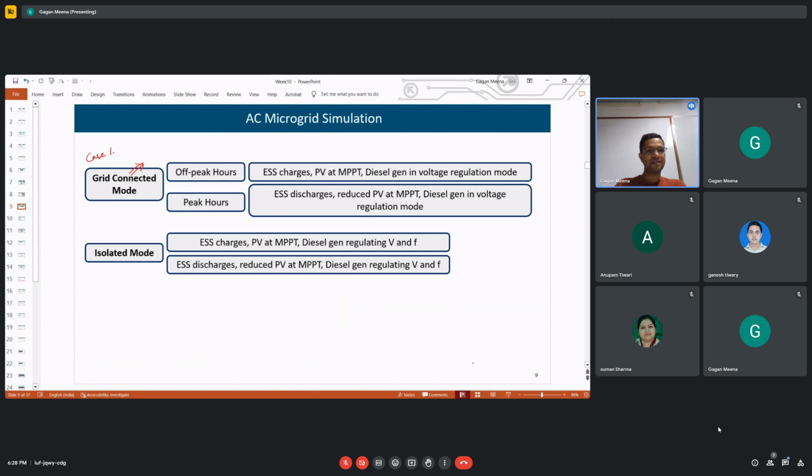That is, if the load is more than that, and the output of the diesel generator is more than this difference, P_load minus P_generation, then the diesel generator will provide that and the battery will be charging.